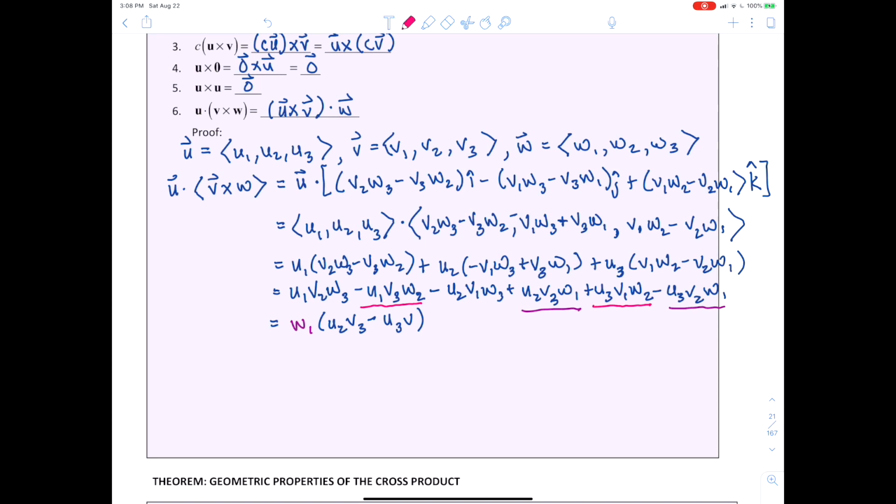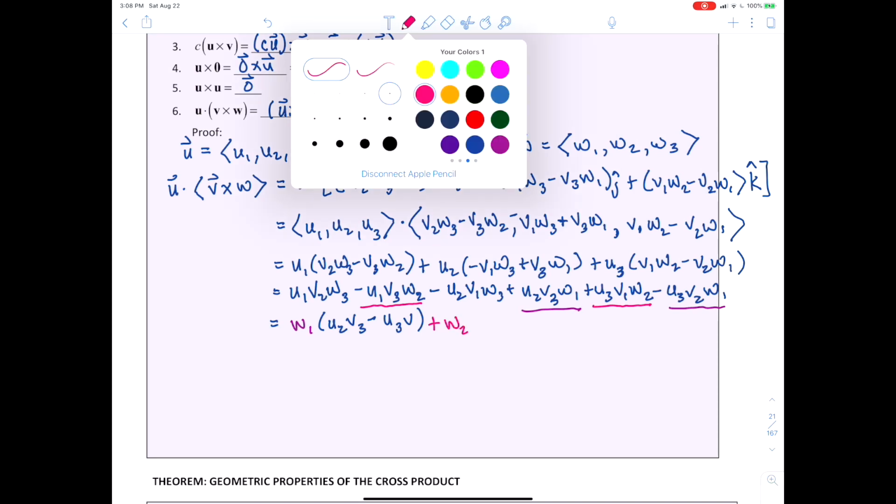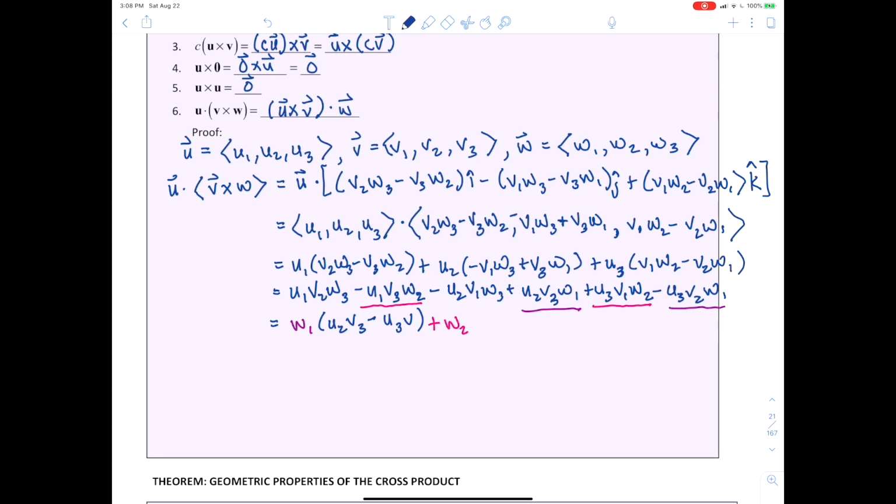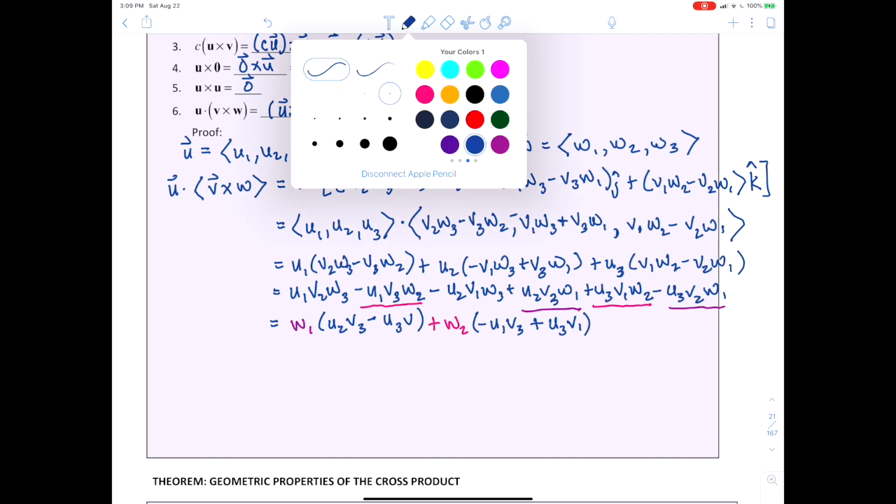I'm going to add W2, and then we'll have negative U1 V3 plus U3 V1, and then the same thing with W3. So now we go to W3.